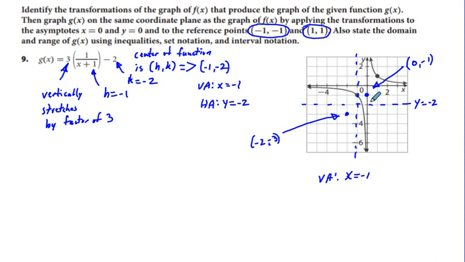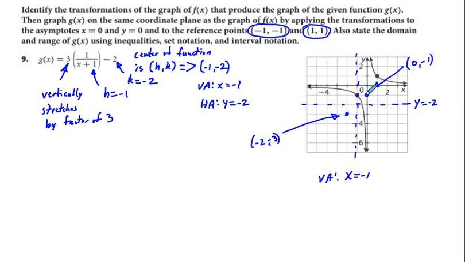If we vertically stretch from where this would normally be, it's going to take this point here at 0 comma -1, and we're going to have to multiply by 3 from its distance from the horizontal asymptote.